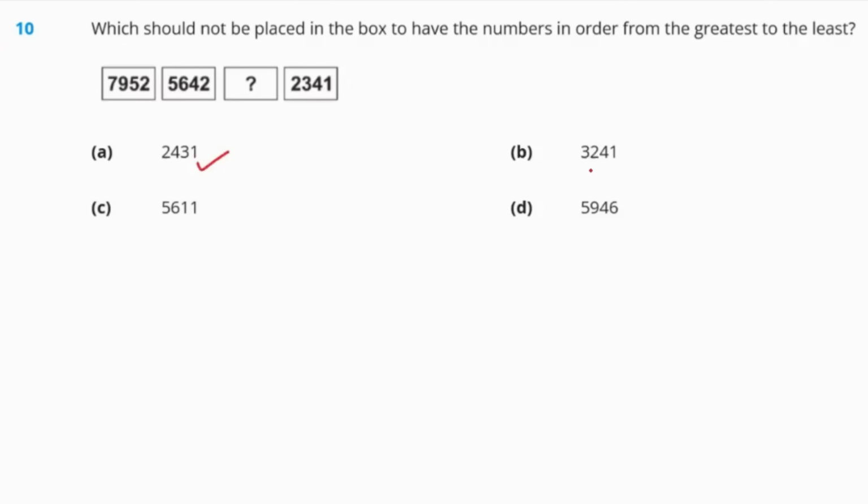Second number also we can place because it falls between 5642 and 2341. 5611 can also be placed. 5946 cannot be placed because this is greater than 5642. So the correct option is option D, 5946.